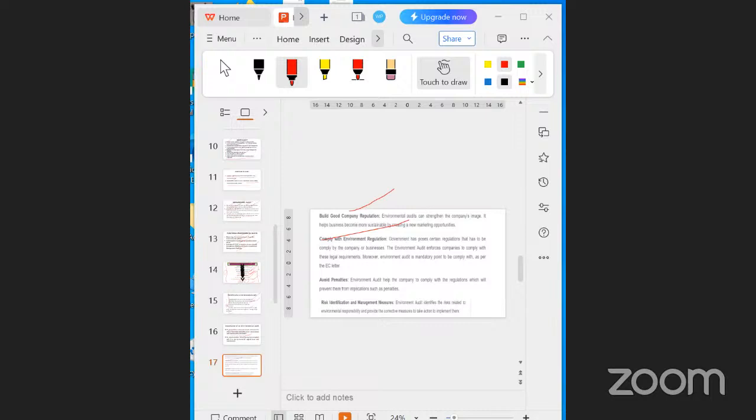And next one is to avoid negative penalties or negative campaigns, right? So there is increasing external demand for environmental responsibility by pressure groups and environmental activists. Those are forcing companies to check their compliance with environmental requirements.